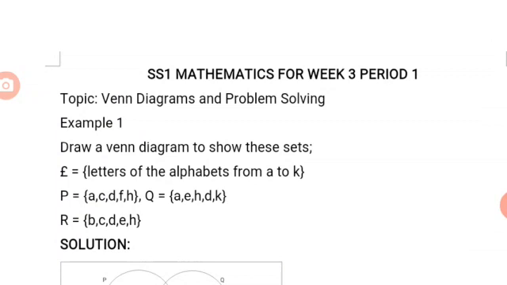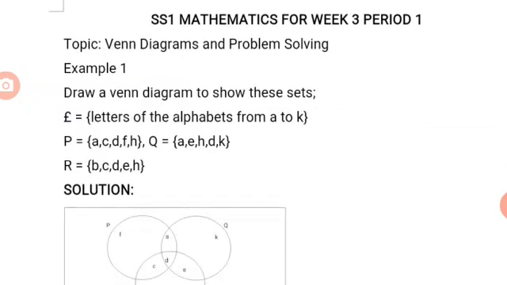The universal set is letters of the alphabet from A to K. Then set P has the letters A, C, D, F, and H. Set Q contains members A, E, H, D, and K, while set R has B, C, D, E as its elements.